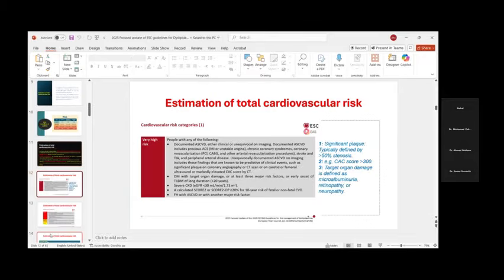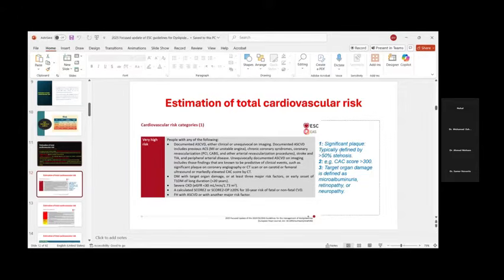These are the updated cardiovascular risk categories. Actually, no significant change from the old guidelines apart from the cutoff value for SCORE2 and SCORE2-OP, as we have demonstrated in the previous slides.